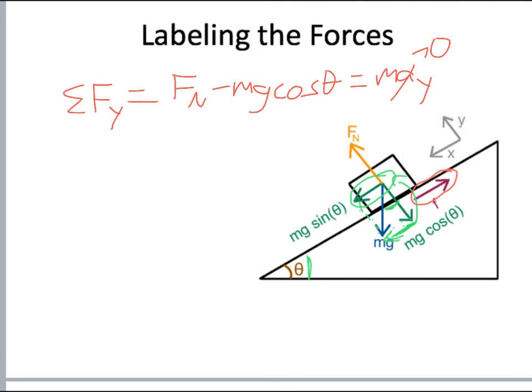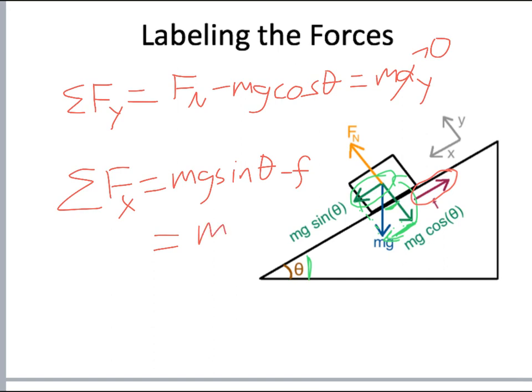And then we can do the sum of the forces in the x direction, and that's going to be mg sine of theta minus the friction force, and all of that is equal to ma sub x, and of course that's equal to 0 as well. And that gives us the forces in the x direction.